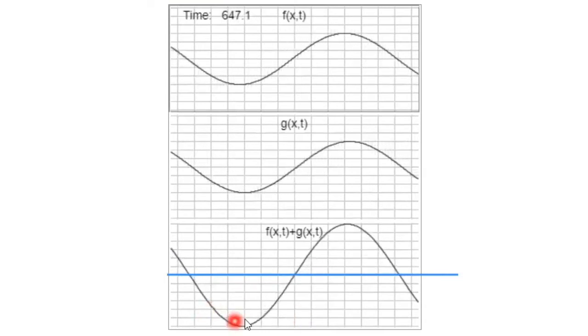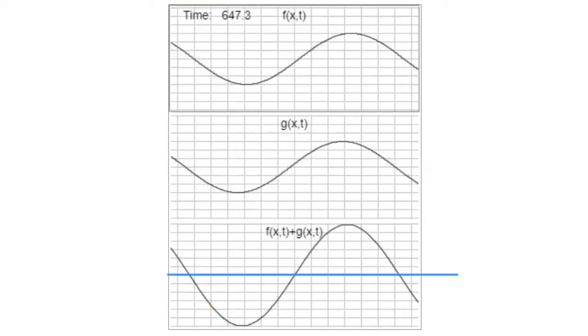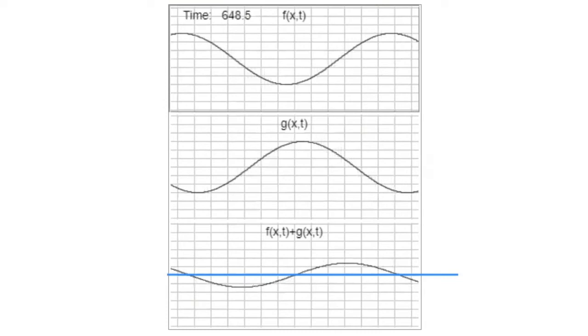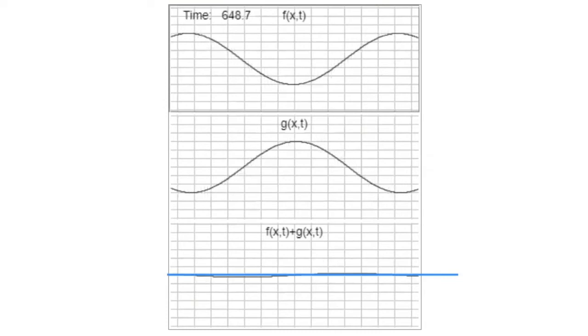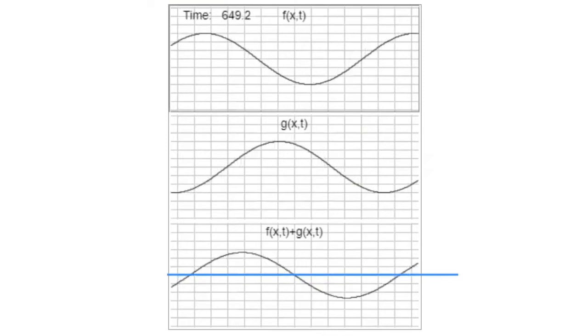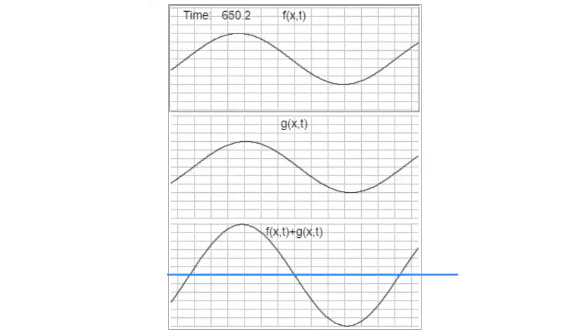Then after reaching the maximum displacement, they will again come back towards their mean position, and at this time instant they all are crossing the mean position simultaneously. And now they are moving away again.